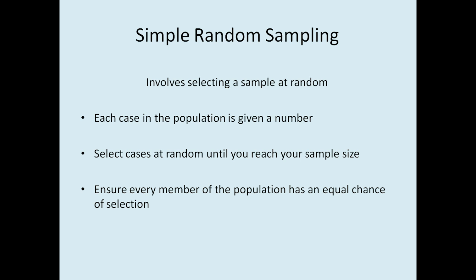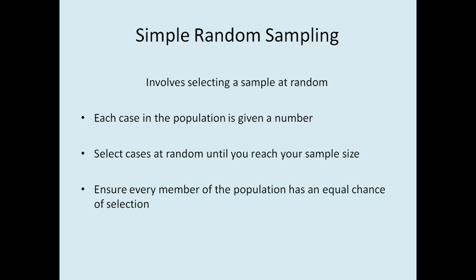Each student gets a number. Each case within the population gets a number, and then we simply select people at random. So we pick 1, 2, 10, 50, 62. We just pick them at random, and there is actually free software on the internet which will give you a random number, so there's no bias creeping in. It's really quite simple, as it's suggested, and random.